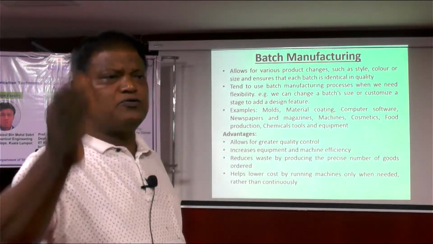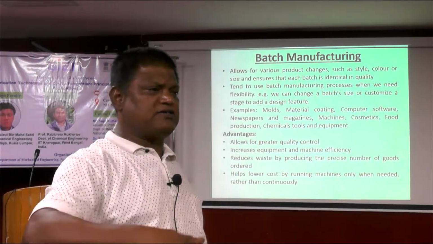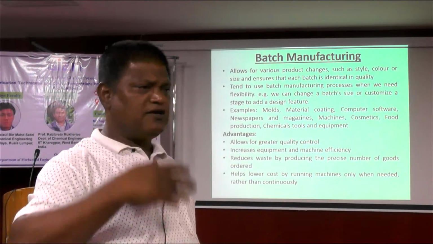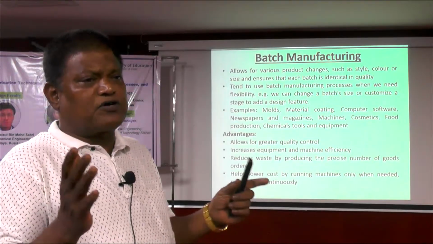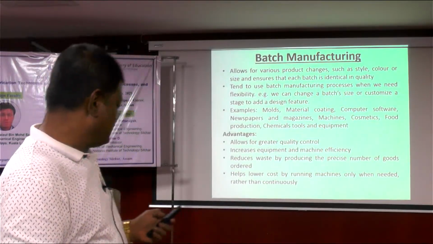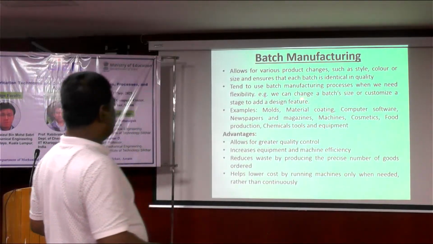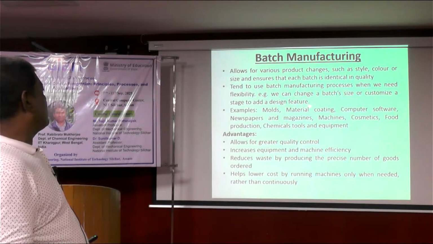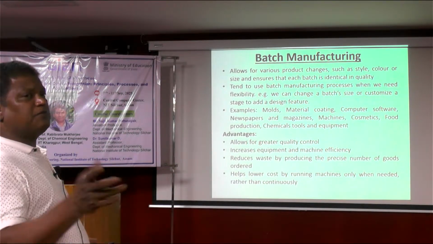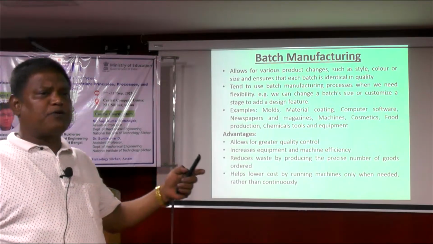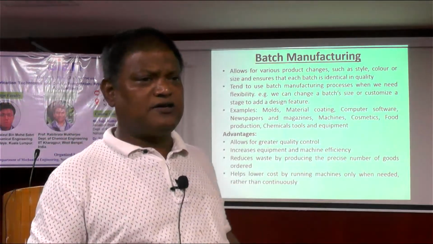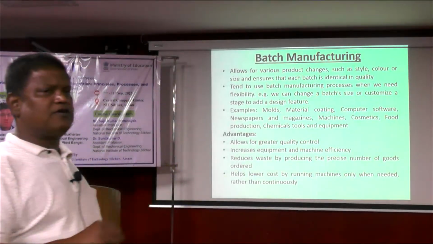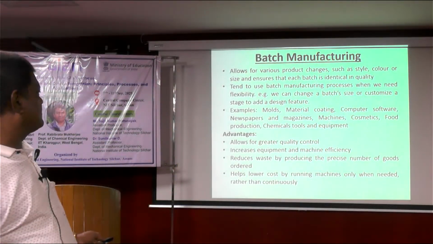First they stitch all XL size, then L size, then M size, then S size. So it goes for batches and the product is similar in nature. This is possible when products are similar in nature. So we can change the batch size and customize a stage to add a design feature. Again, batch size may be different because most people lie in M or L size. XL, double XL or triple XL sizes are very few, and S is also few.